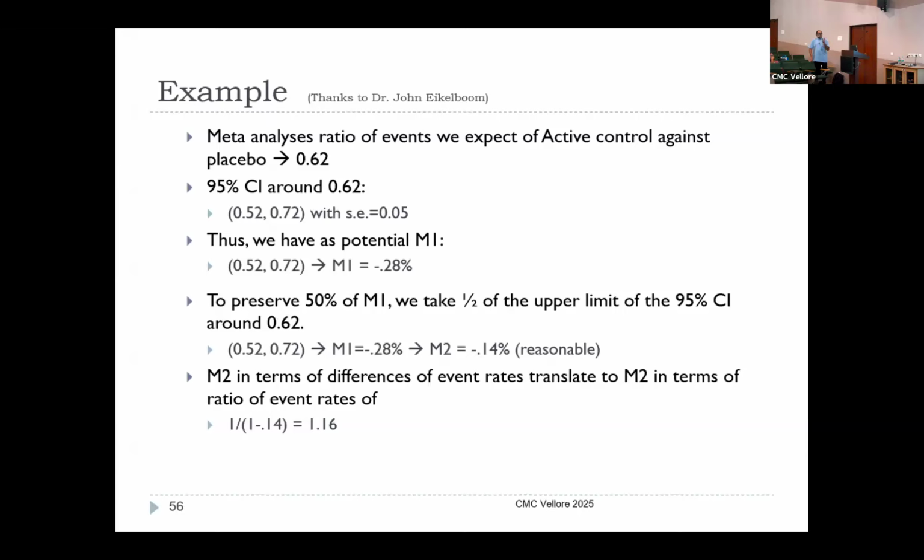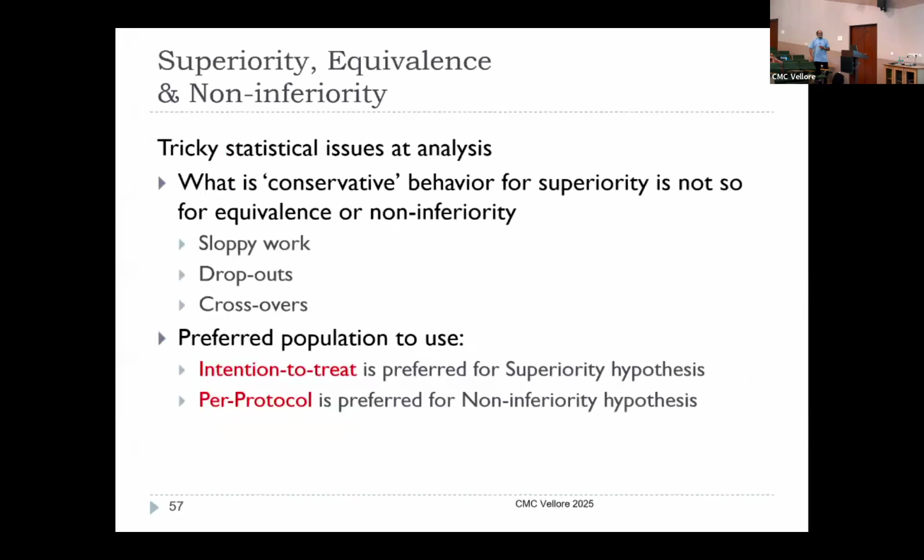And so that was 1.16. And that's what they had to use as a very small margin over there, 1.1. So the tricky statistical issues become an analysis. So the design is one in these non-inferiority trials, but when you're analyzing this, what is conservative behavior?